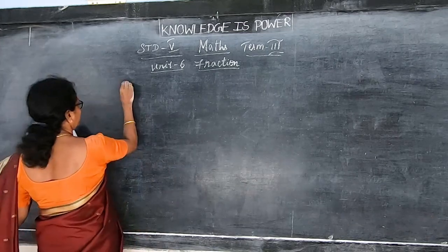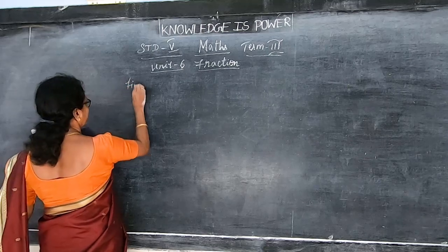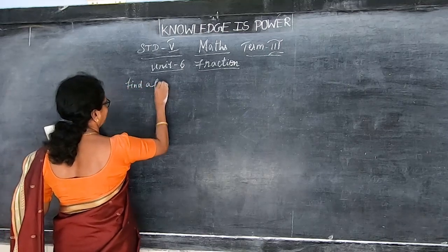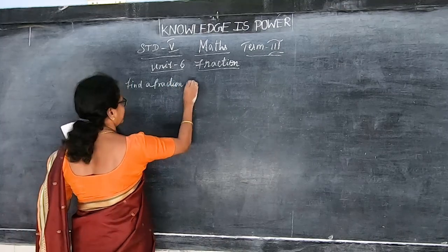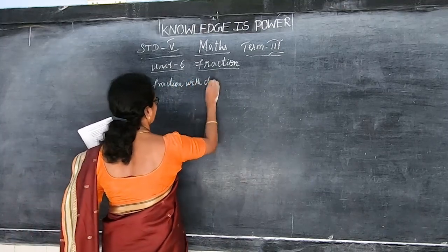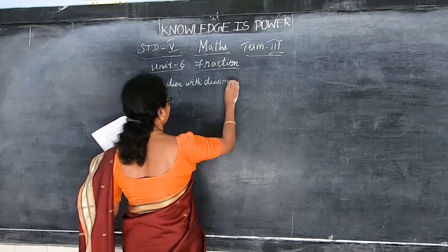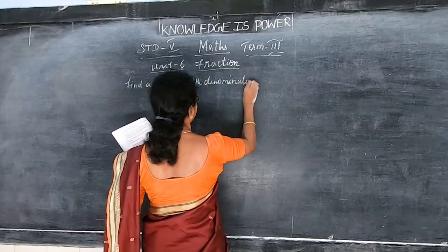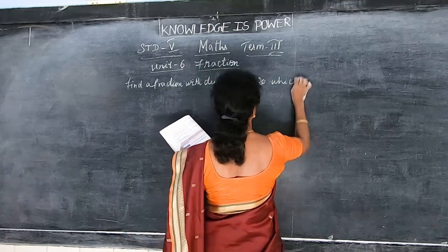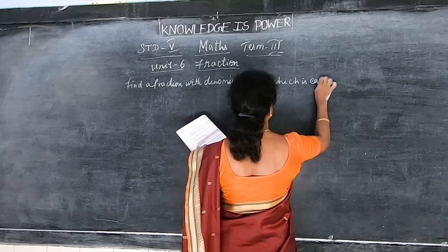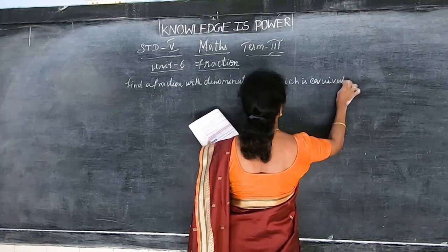So here for example, find a fraction with the denominator 20 which is equivalent to 2 by 5.